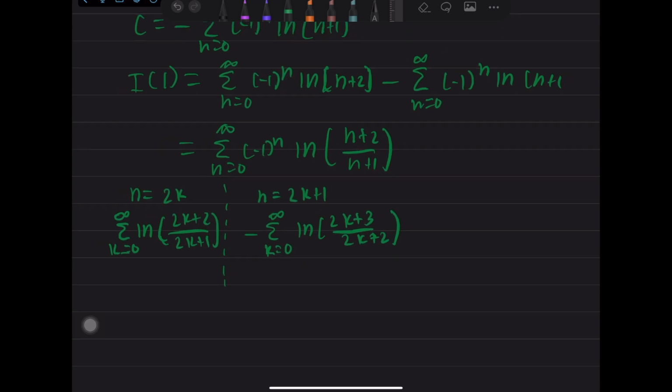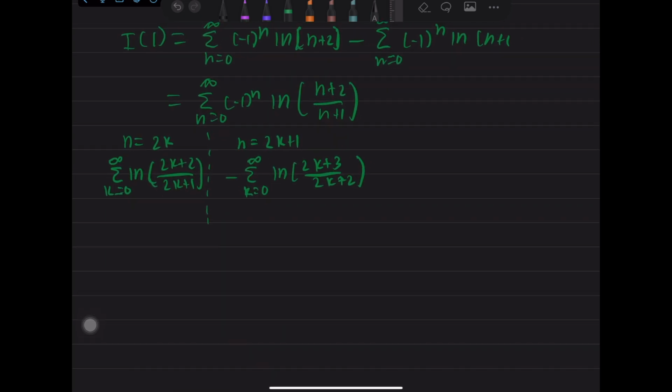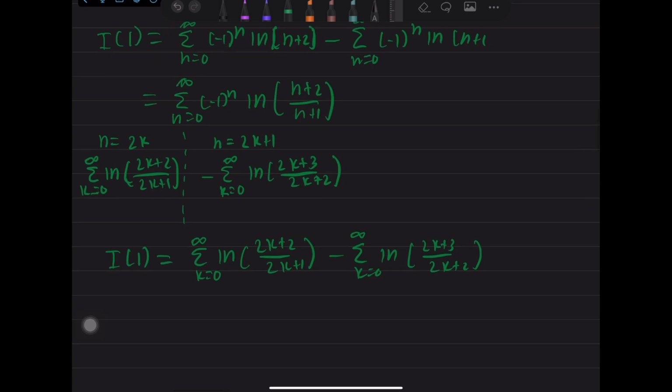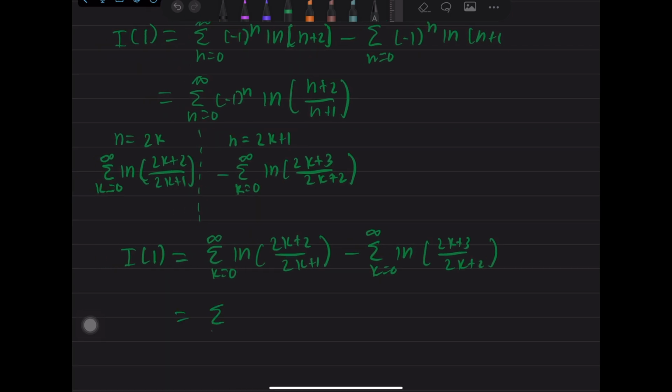So now we know that I of 1 is equal to the sum of these two series. And now let's again combine this to get the sum from k equals 0 to infinity of ln of 2k plus 2 squared over 2k plus 3 times 2k plus 1.